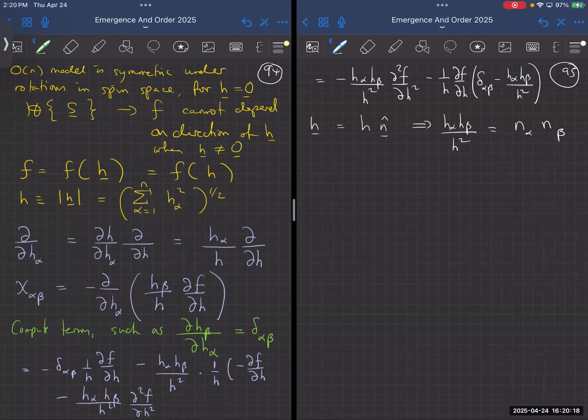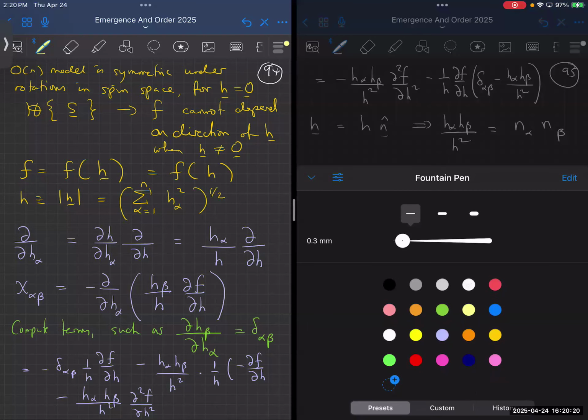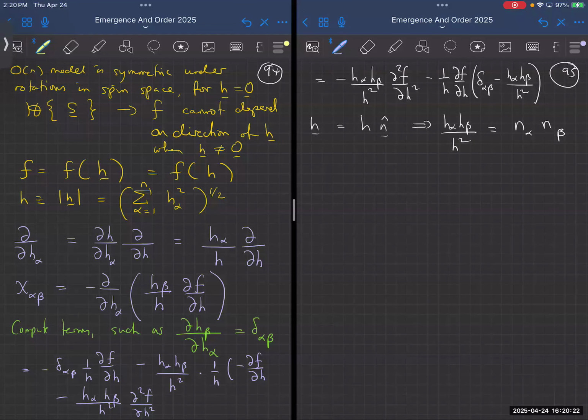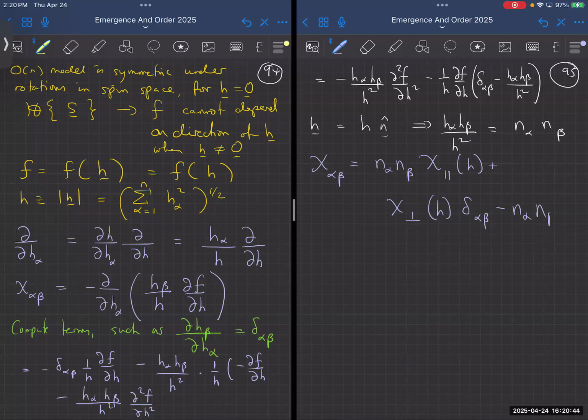And so what I've just shown you is that the susceptibility tensor chi alpha beta is equal to n alpha n beta times a number, which I'm going to call chi parallel of h, plus chi perpendicular of h times delta alpha beta minus n alpha n beta.